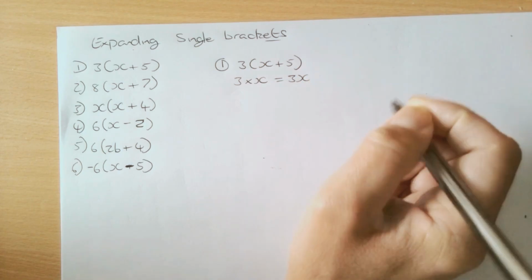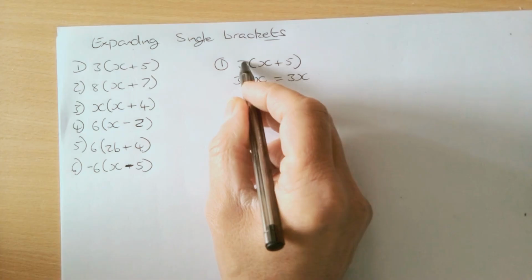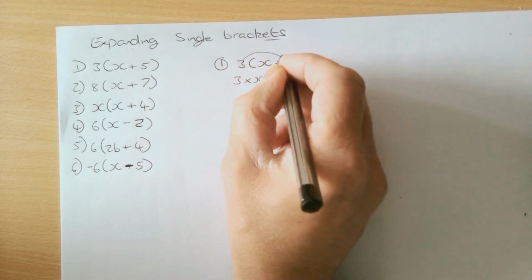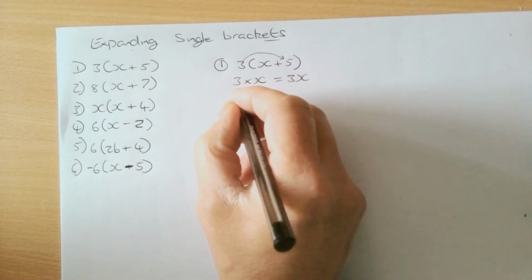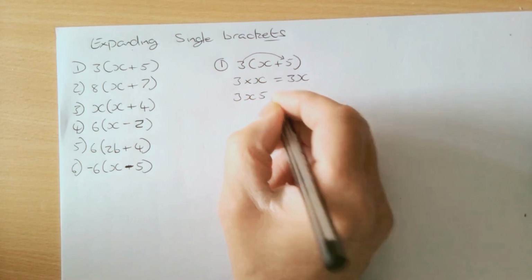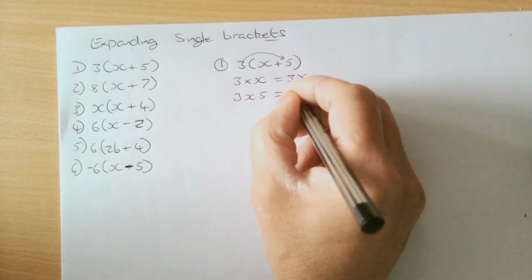The next step is to times the 3 here by this 5 here. So this will be 3 times 5 equals, well, 3 5s are just 15.